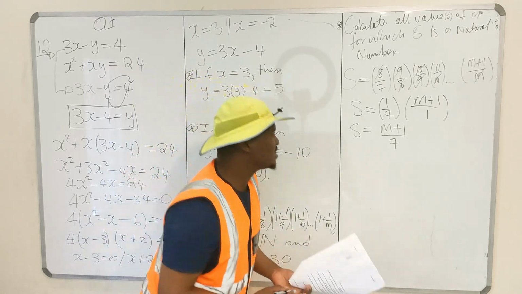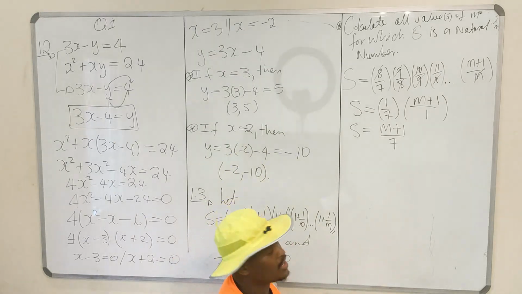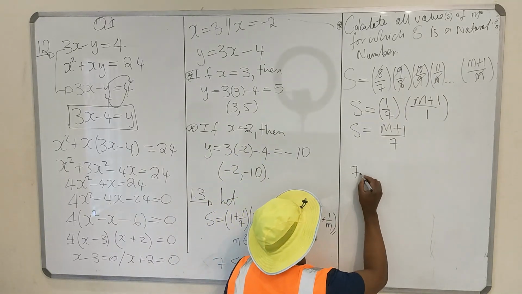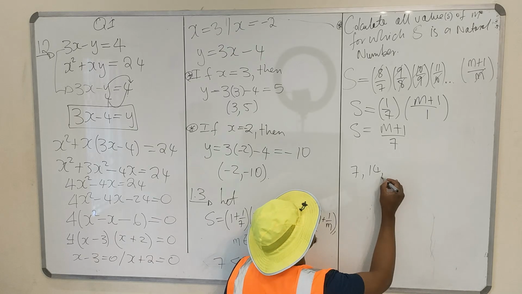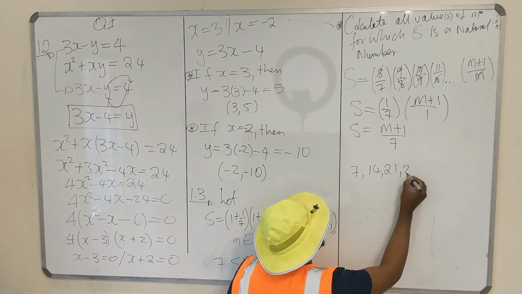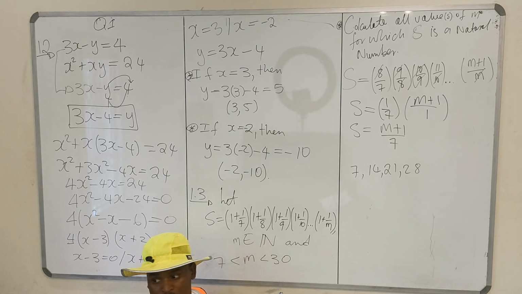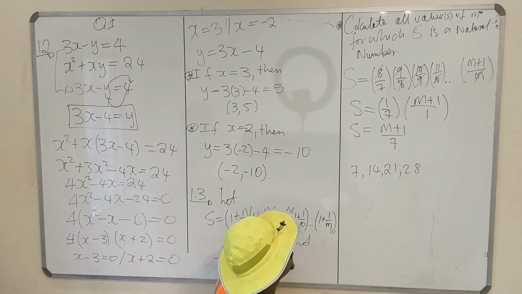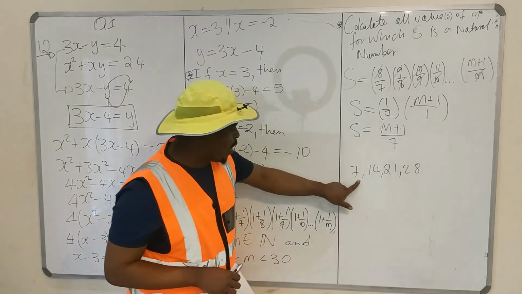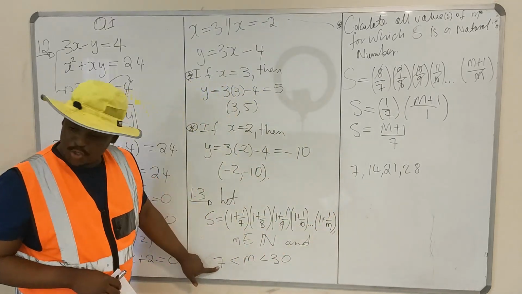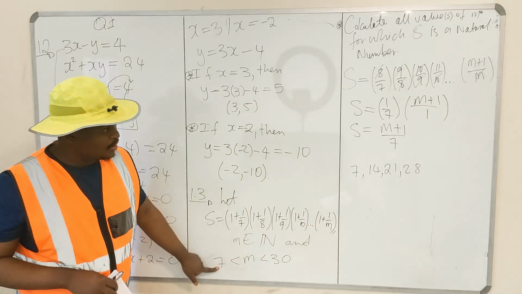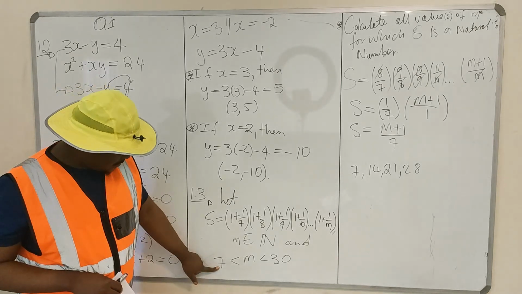What are they? Let's write down the multiples of 7, right? 7, 14, 21, 28. You can stop there because after this it will go over. Do you see? Yes. So now, this one does not count because we say m is greater than 7.